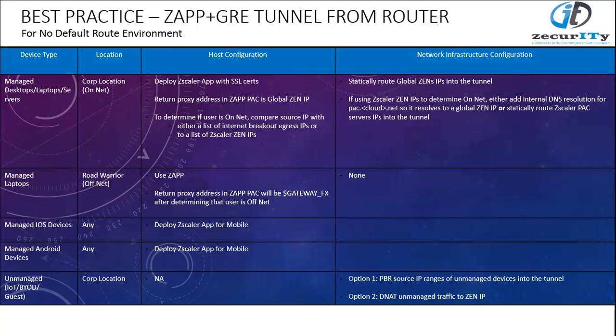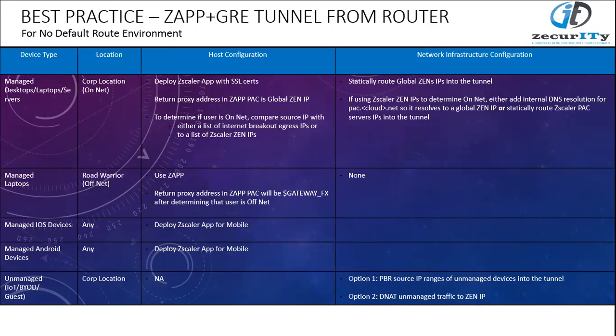For managed desktops, laptops, or servers, if they are inside the corporate, deploy the Zscaler app with SSL certificates. The return proxy address in the Zscaler app PAC file is the global SYN IP, and determine the user using a source IP with either of the listed internet breakout egress IPs or the Zscaler SYN IPs to determine whether the user is connecting from the corporate or outside the corporate.